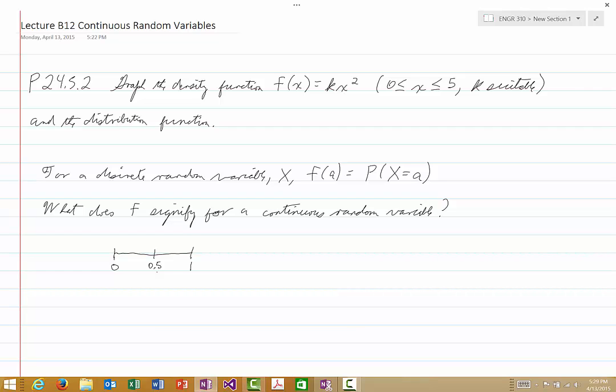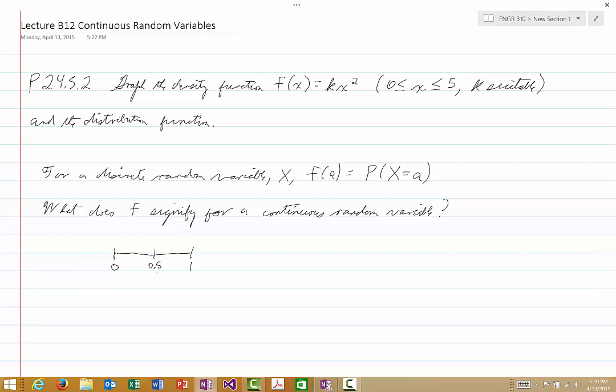Well, the probability that we're going to hit exactly that number is 0. In fact, the probability that we will hit any one of the uncountably infinite number of real numbers between 0 and 1, the probability for any single one of them is going to be 0.